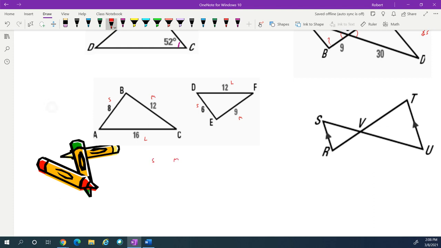So from triangle 1, 8 over 12. From triangle 2, 6 over 9. 72 equals 72. These are proportional. Now I have to test the large. So I'm going to reuse either the small or the medium. You have to reuse it. So let's say the mediums are 6 over 9.